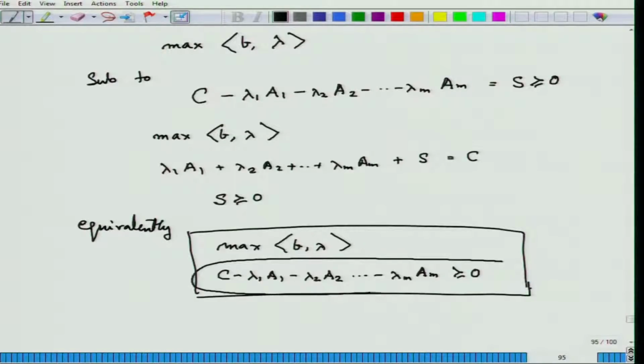This last sort of inequalities are called linear matrix inequalities or LMI, which has a lot of applications in electrical engineering.